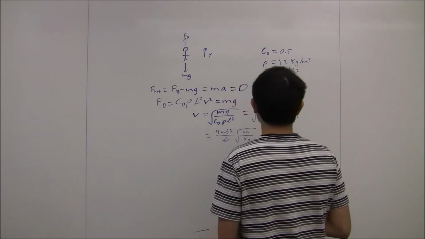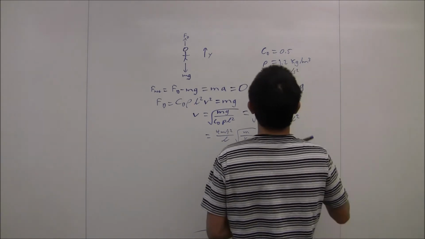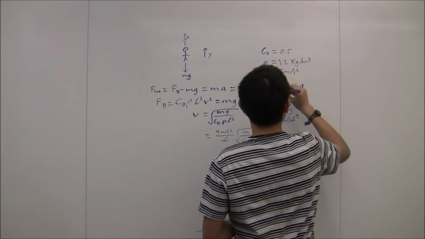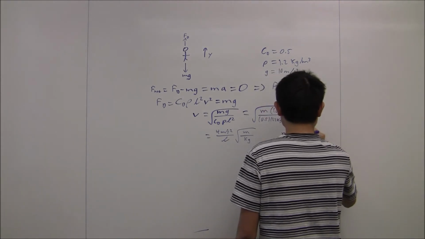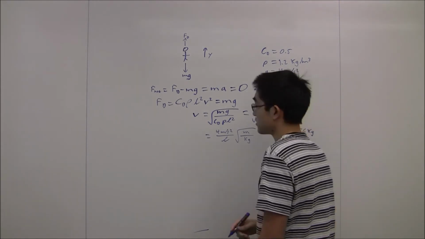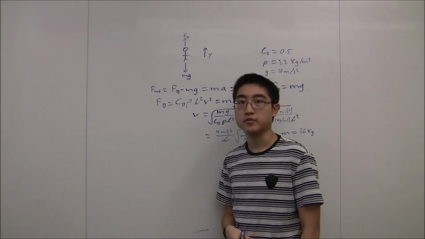Now, for convenience's sake, we're going to take m to be about 36 kilograms, which is not too far off the average mass of a person.